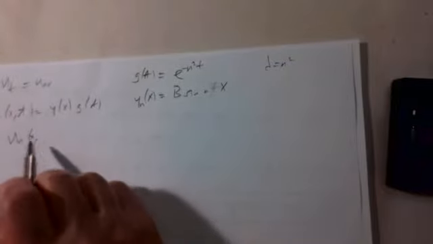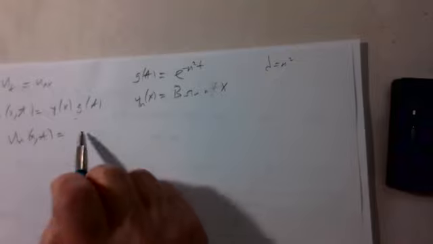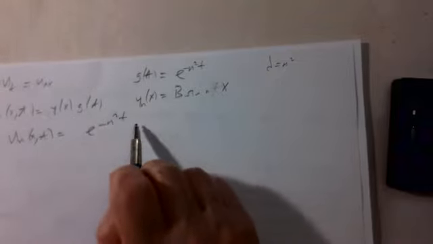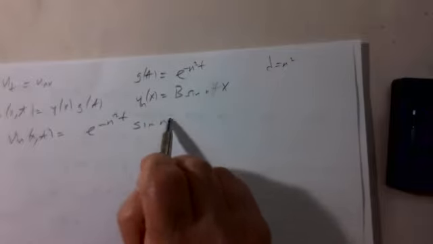So one solution of this equation, for any positive integer n, is e to the minus n squared t sine of nx.